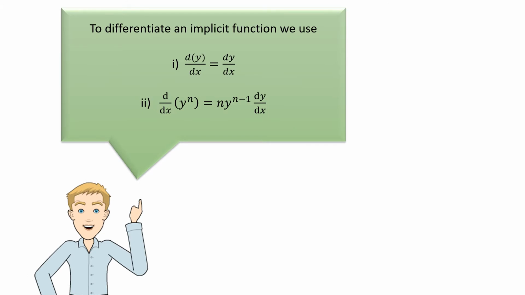To differentiate an implicit function, number 1, we differentiate y with respect to x, we write as dy/dx. Number 2, differentiate y power of n equal to n y power of n minus 1 dy/dx. So, kita buktikan number 2.